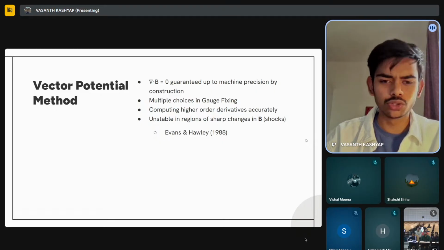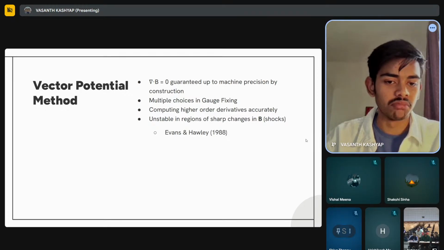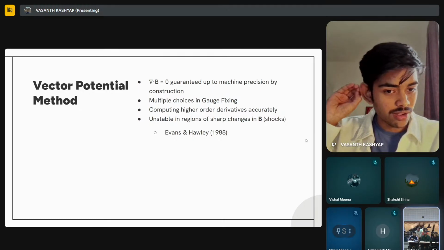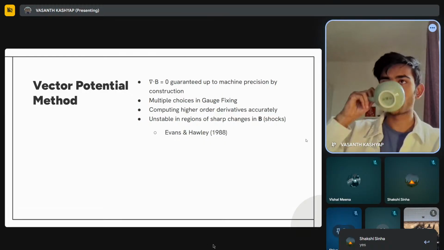Do you know vector potentials? Have you come across vector potentials in EM? If yes, raise your hands. If no, I don't know. Oh, they haven't? Okay, fine, I'll tell you.